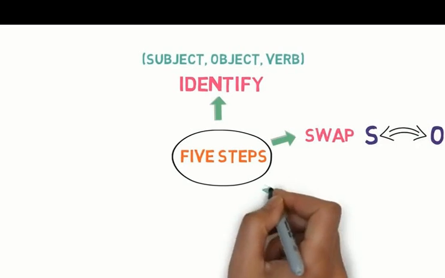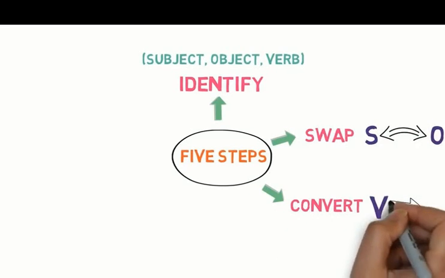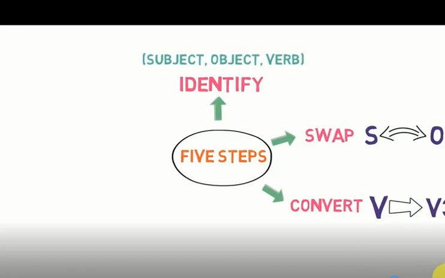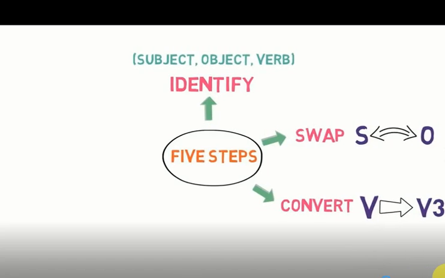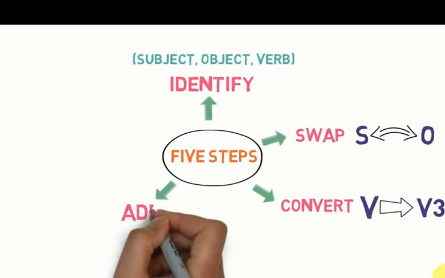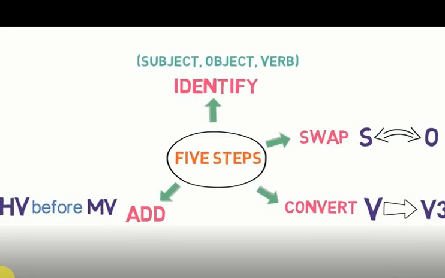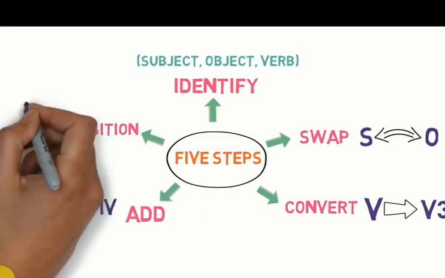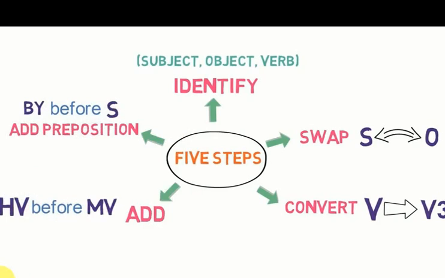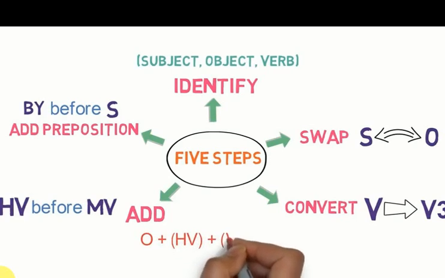Third, convert the main verb into the third form of verb, that is the past participle of the verb. Fourth, add a proper helping verb of to be before the main verb. And fifth, add the preposition by before the subject. Okay. So at the end, the sentence structure of the passive voice is object plus a helping verb plus verb 3 plus by and subject. So these are the simple 5 steps which we need to follow.